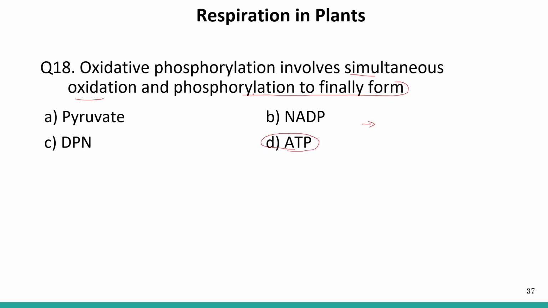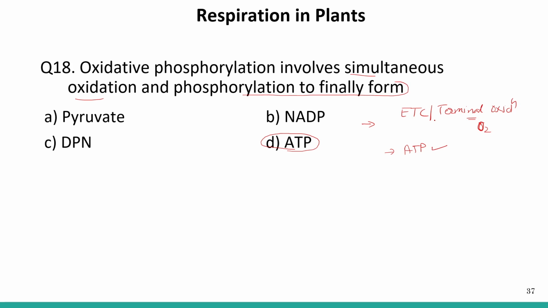Oxidative phosphorylation is also known as the electron transport chain, sometimes called terminal oxidation, where oxygen is the final electron acceptor, and ATP is generated during this process.